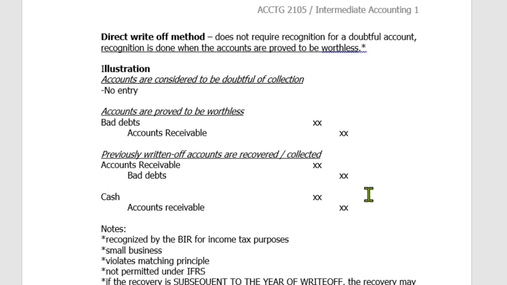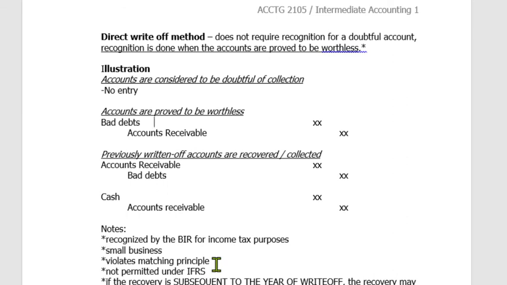Because kung papansinin mo, when they analyze the receivable account, on the period, hindi nila yan ma-recognize, hindi nila yan ma-match on the benefits. Bakit? Kasi kung kailan siya mag-prove to be worthless, doon mo pa lang siya i-recognize as an expense. Eh hindi na yun on the period on which the benefits inure to the receivable account, to the asset account. Kumbaga, hindi na ma-match yung expense with the recognition of the income.